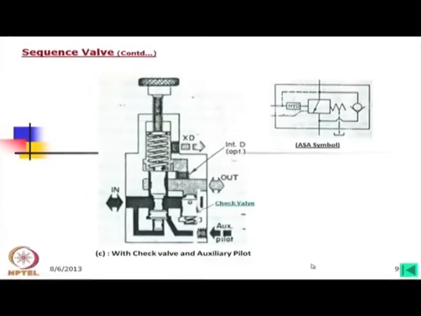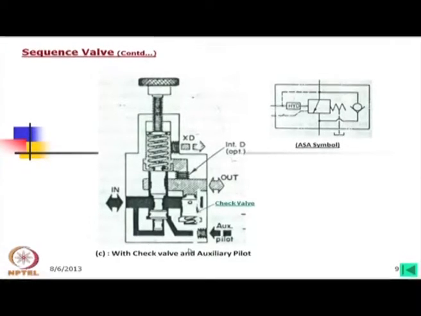Okay. Next, sequence valve with check valve and auxiliary pilot. In this case, if you look into this, the check valve is there, which I have described earlier, but instead of this being closed, here it is connected. Now, due to this, we have an auxiliary pilot.